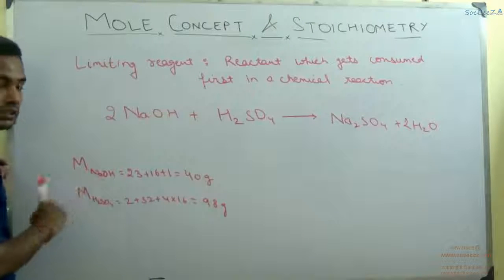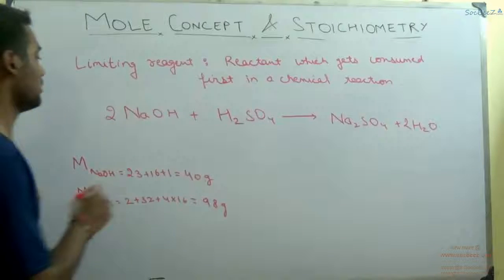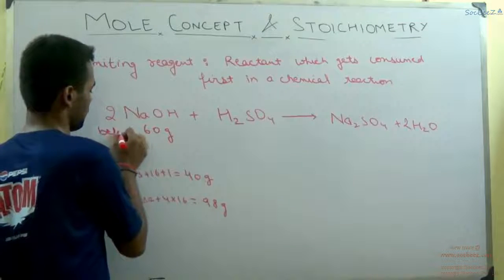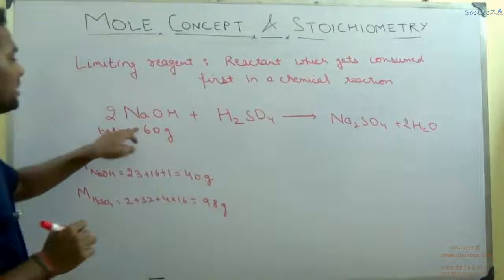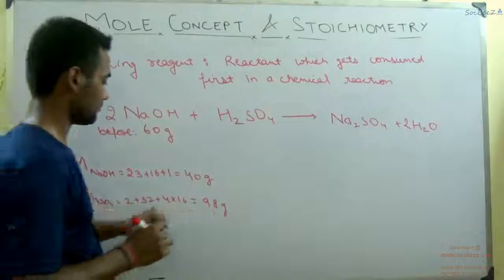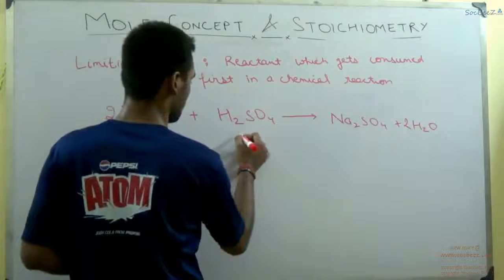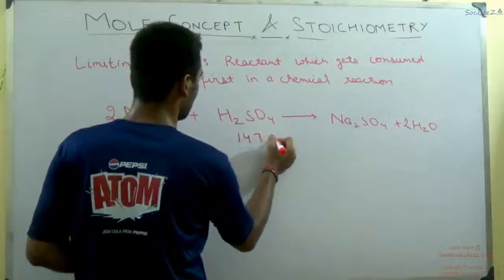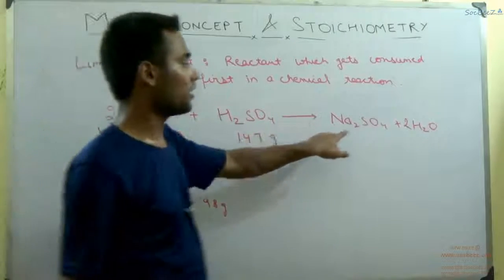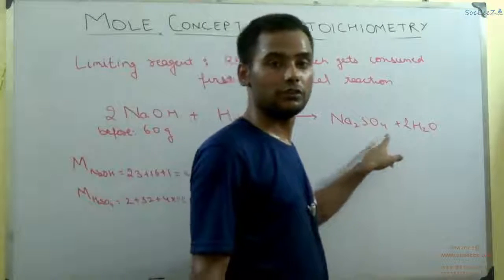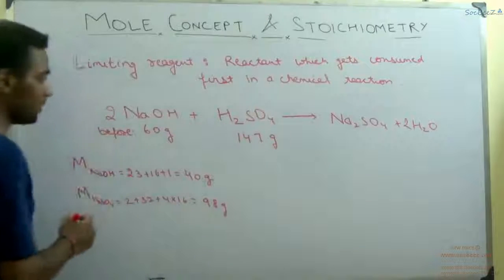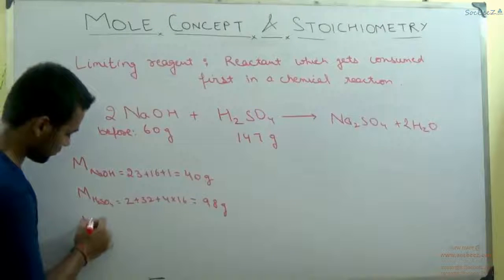Now suppose at the start of this chemical reaction we are given 60 grams of NaOH and 147 grams of H2SO4. We have to find out the grams of Na2SO4 which will be formed at the end of this chemical reaction. Let's calculate the molecular weight of Na2SO4.